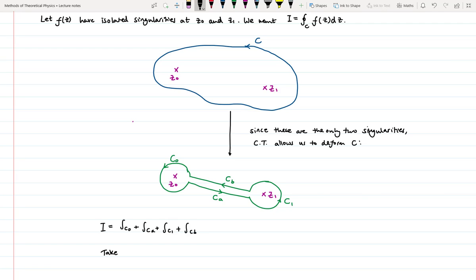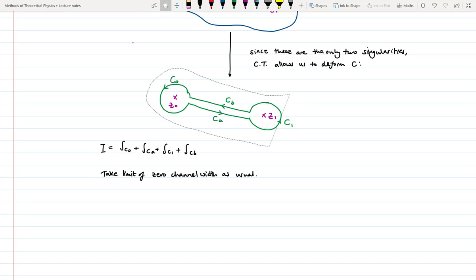We're going to take the limit of 0 channel width. What's this going to do? Well, the channel contributions along CA and CB are equal, but they are traversed in opposite directions, and so they cancel.